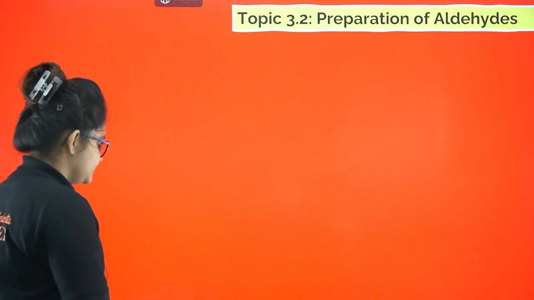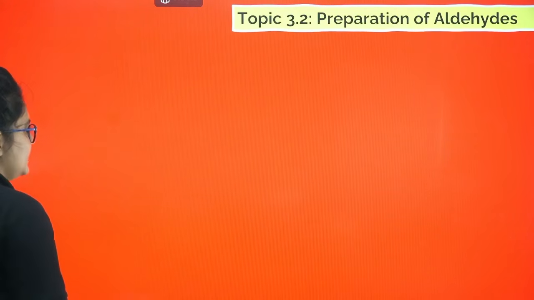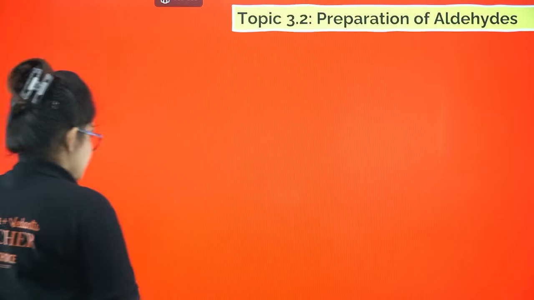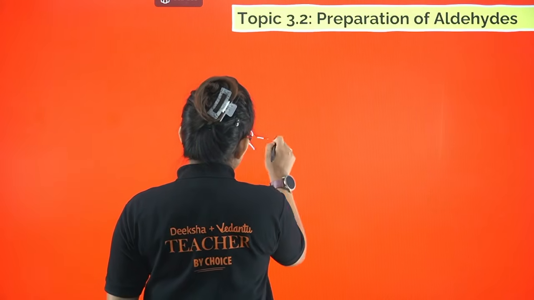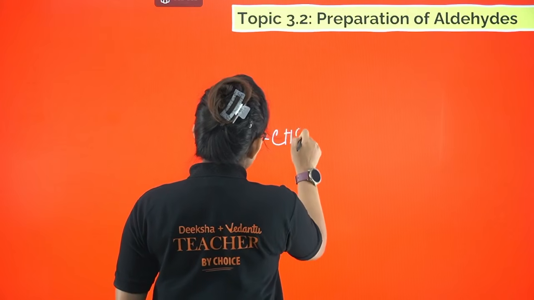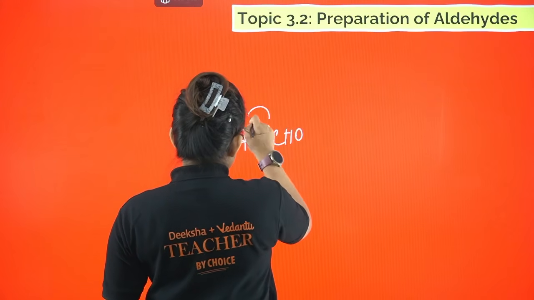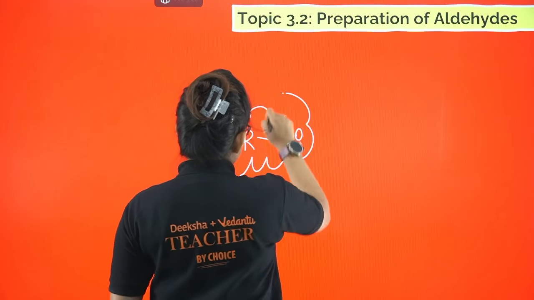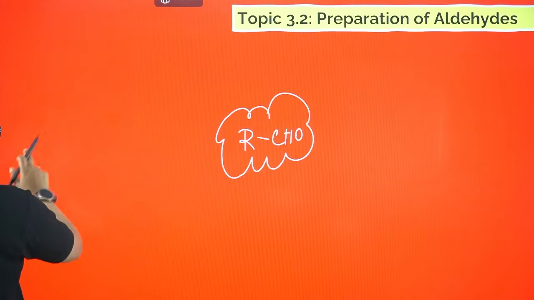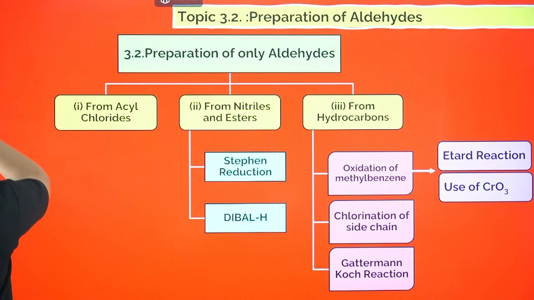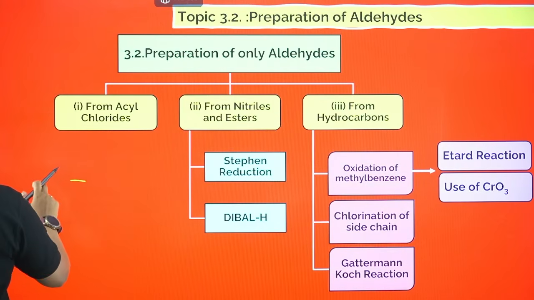So yes, preparation of aldehydes we have to start. RCHO you have to prepare. So from where can I start? Let me see the first reaction, from acyl chloride.